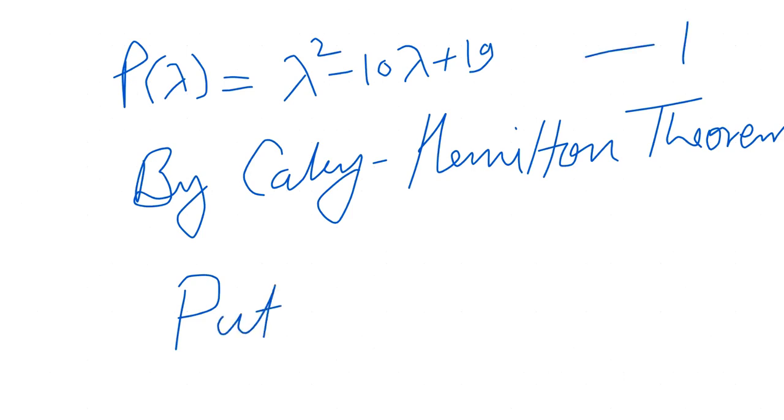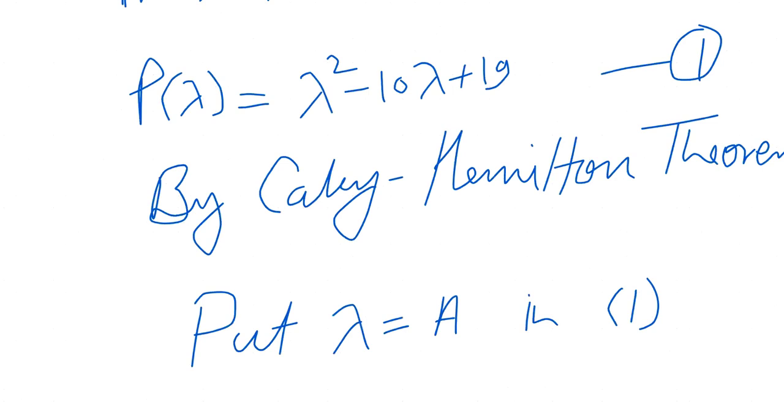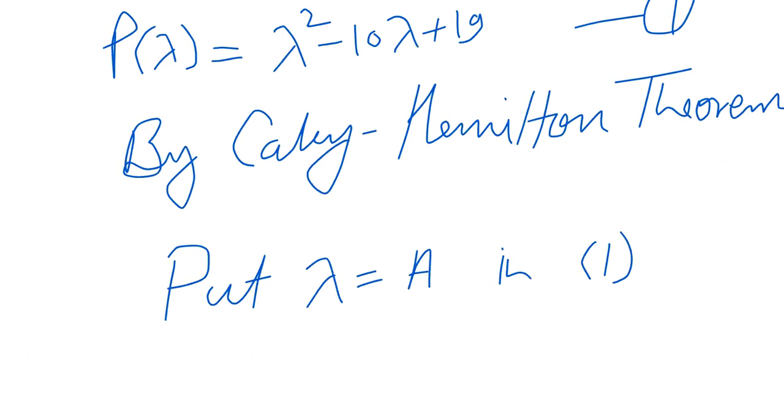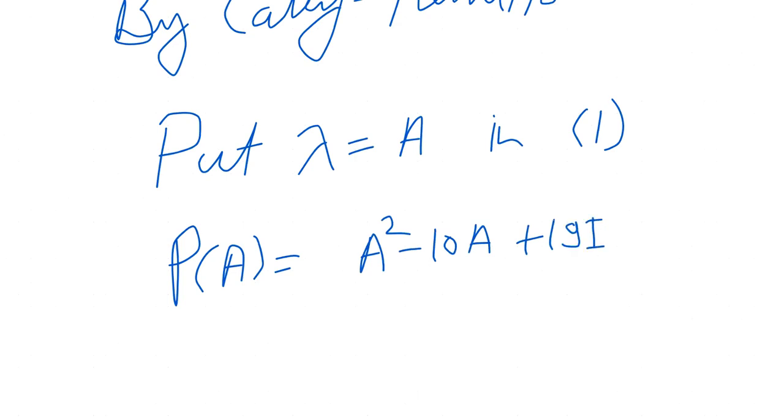Put lambda equal to A in the first. So P(A) is equal to A square minus 10A plus 19 into I, because with a constant value we multiply the identity matrix.